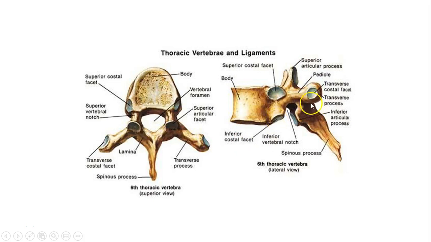So if this was, say, thoracic 5 or 6, then there would be another thoracic below it. And so that same rib would be rubbing a superior demifacet on the one below it. All right. So hopefully when you see them put together, this will all make sense. But there's pedicle, lamina, pedicle, vertebral foramen.